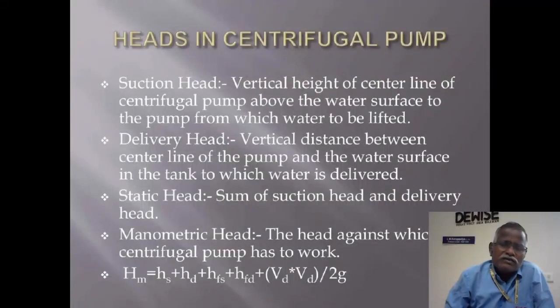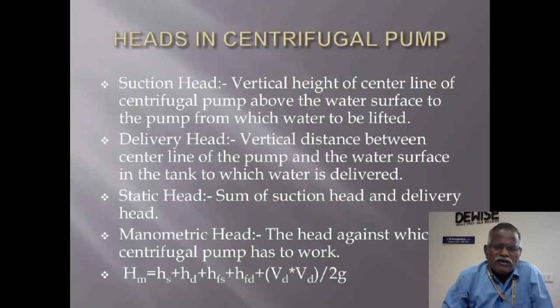Delivery head is the vertical distance between the center line of the pump and the water surface in the tank to which the water is delivered. Static head is the sum of the suction head and delivery head.